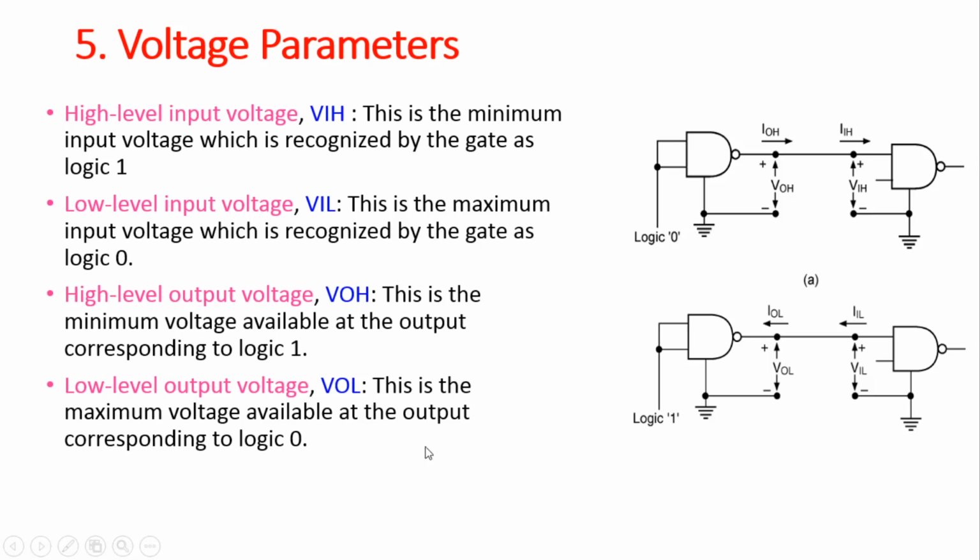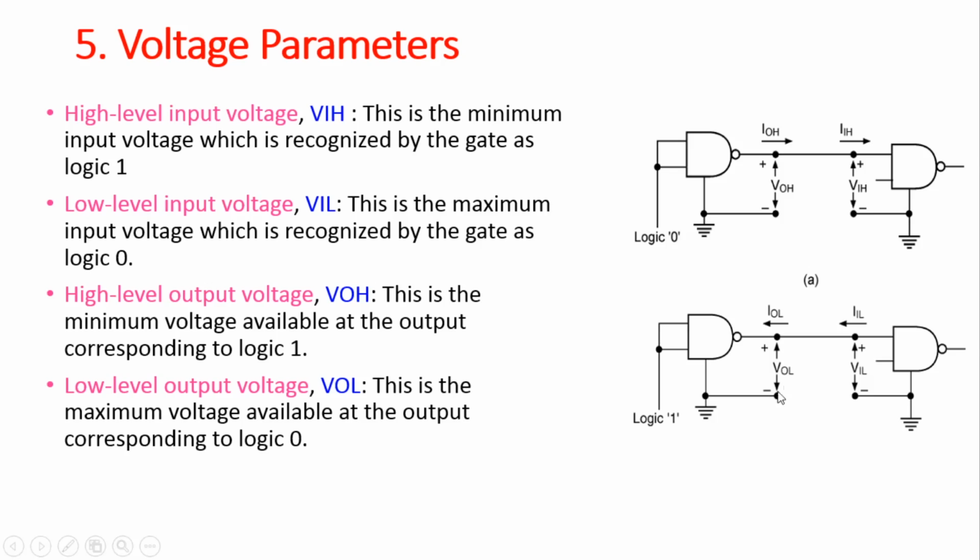If you observe here, this configuration is for logic 1. Here this is VOH, that is high level output voltage. This is IOH flowing through it. This is IIH, and this is VIH, the high level input voltage.